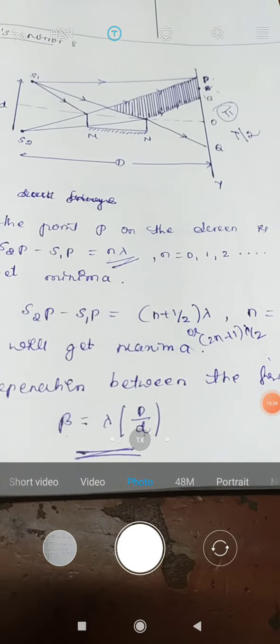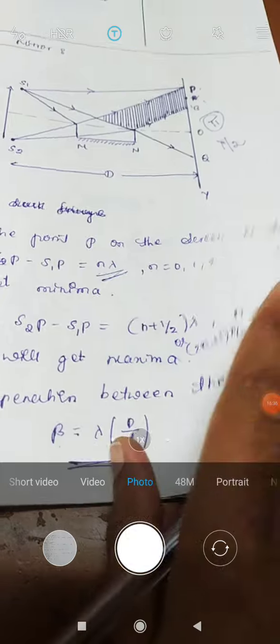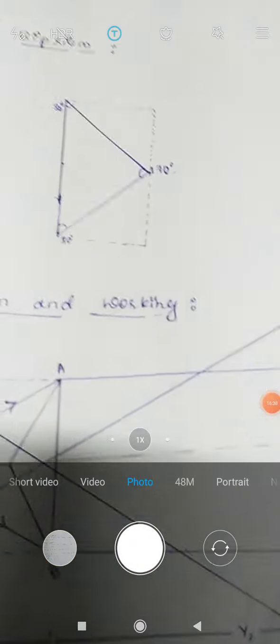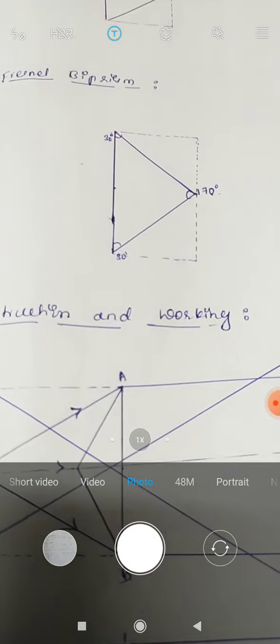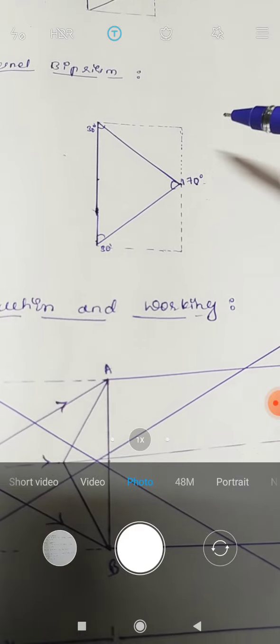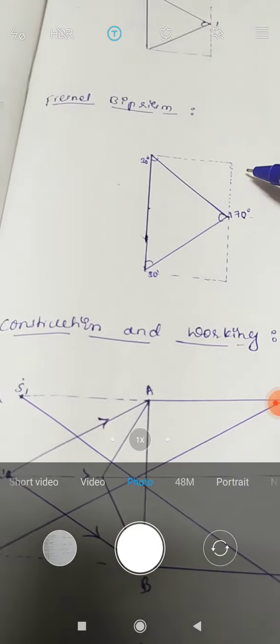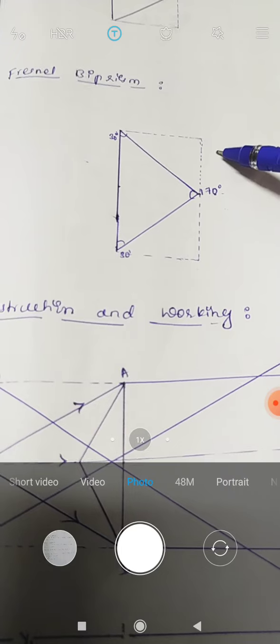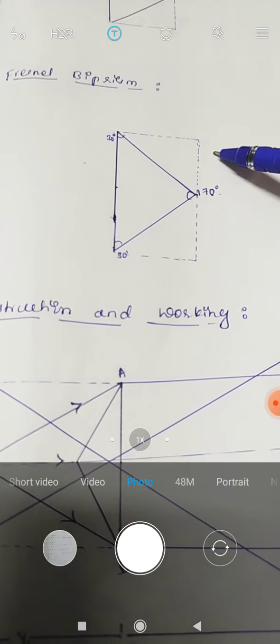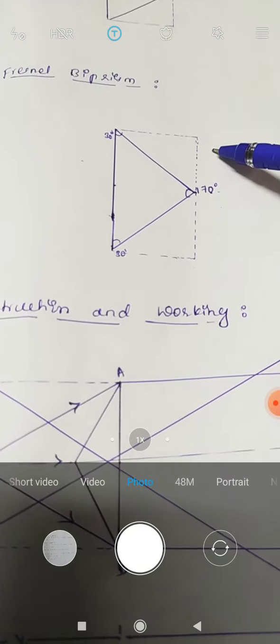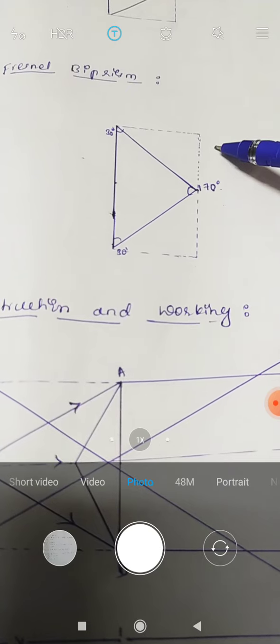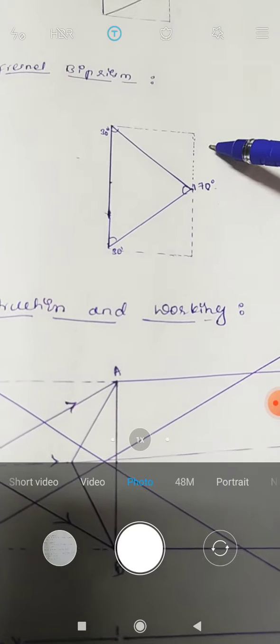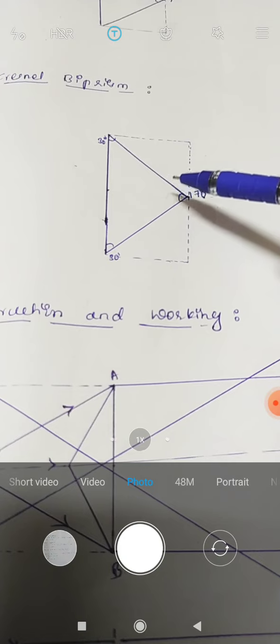This is all about Lloyd's mirror, and the next concept is the biprism. This is the schematic diagram of the biprism, Fresnel's biprism. It consists of two acute angle prisms placed base to base.